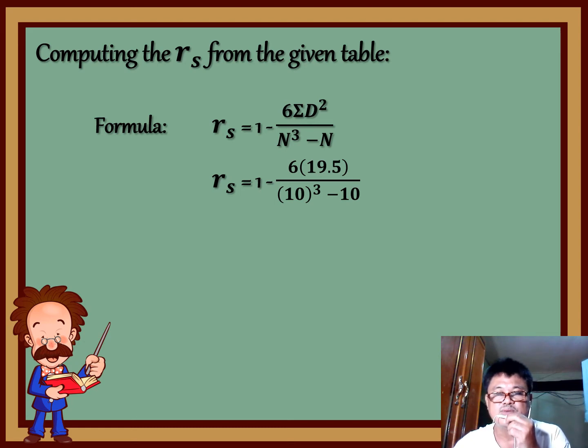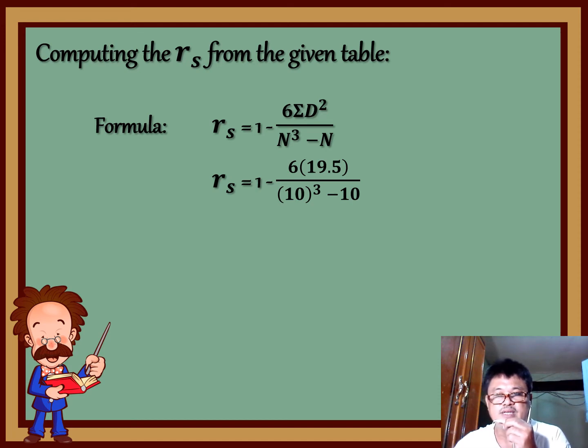R sub S is equal to 1 minus the same 6. And then we already have the value of the summation of D squared, which is 19.5 from the previous table. The value of n is 10, so 10 exponent 3 minus 10.